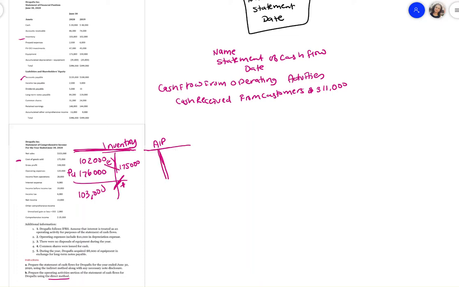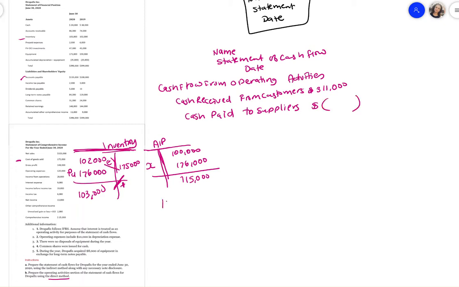Then we are going to take this to accounts payable. You start off with 100,000. We know we're going to end up with 115,000. So from there we purchase 176,000 worth of purchases. We want to know how much we paid to the supplier. So cash paid to suppliers or cash paid for the inventory, and that will be our negative number.